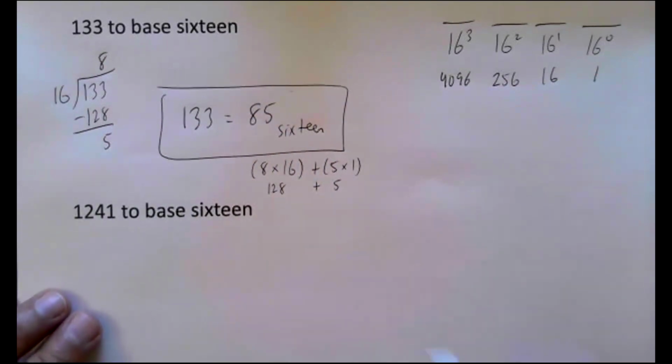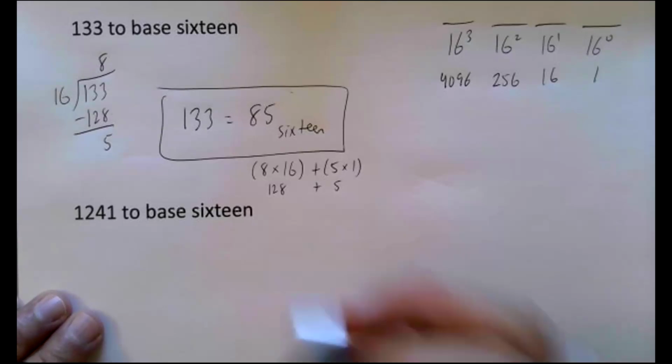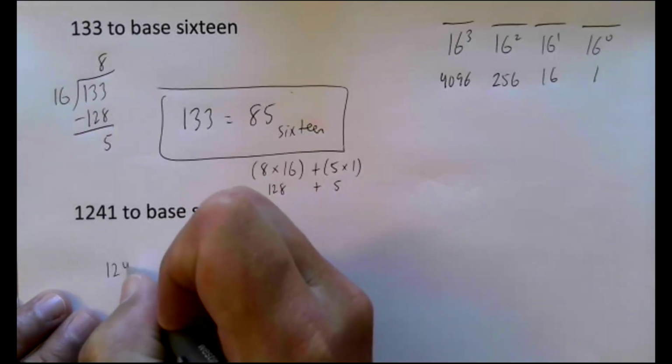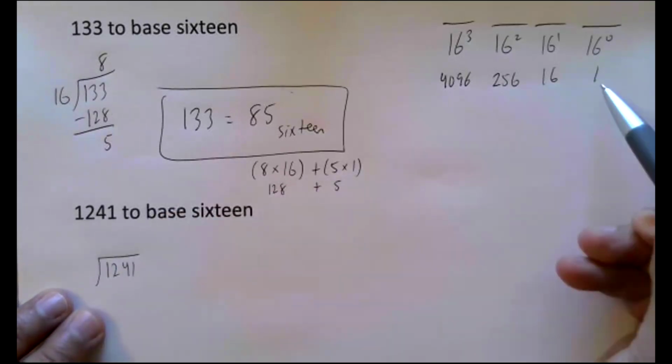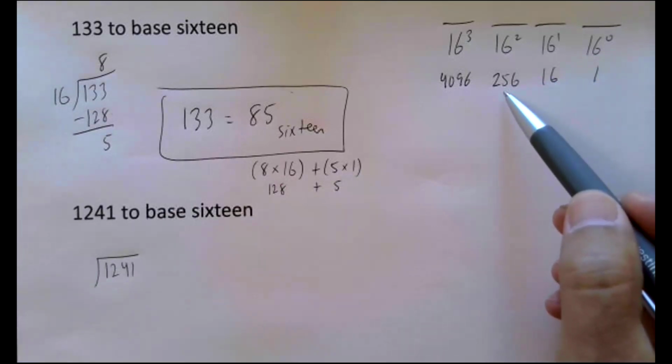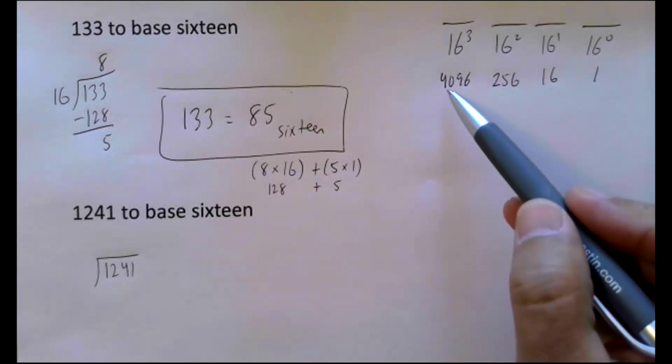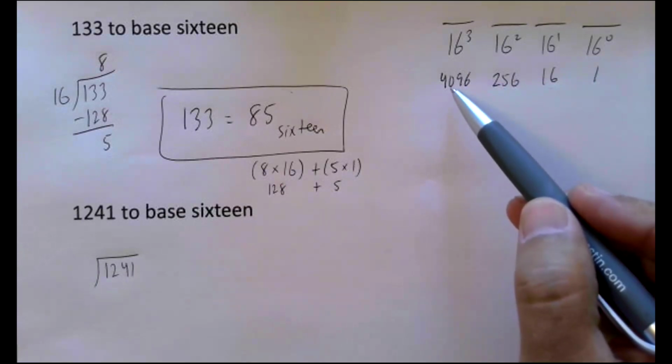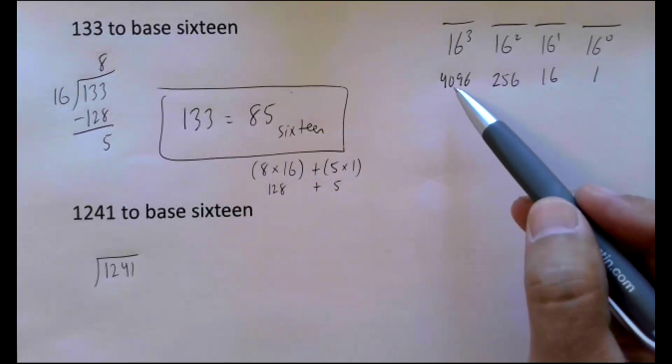If I'm changing 1,241 into base 16, think about what you're going to divide it by. Sure, you could divide it by 1. Of course, you could divide it by 16. We could even divide it by 256. I don't want to divide it by 4,096 because then that would just be 0, and I don't want leading zeros.